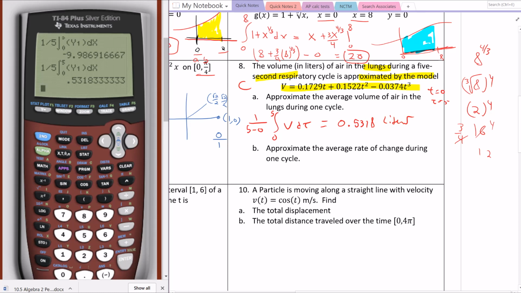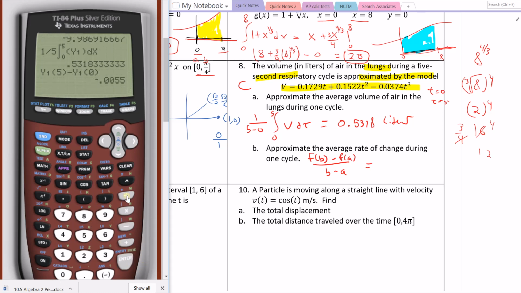Next one says approximate the average rate of change during one cycle. Remember, rate of change is f of b minus f of a over b minus a. This is average rate of change. So that would be given to us by y1 of 5 minus y1 of 0 divided by 5 minus 0.